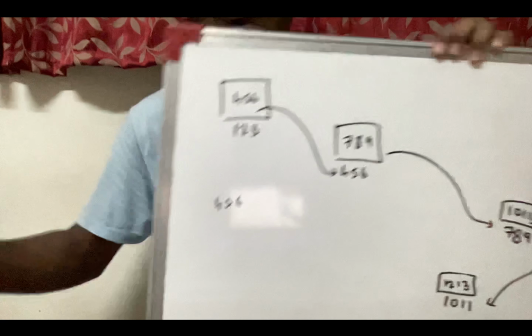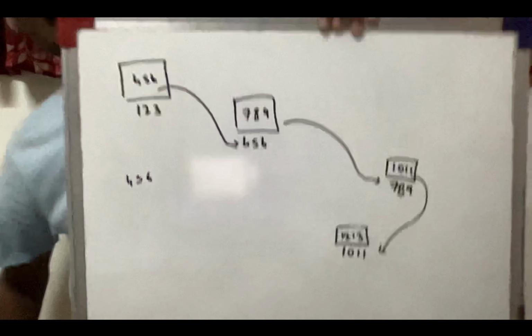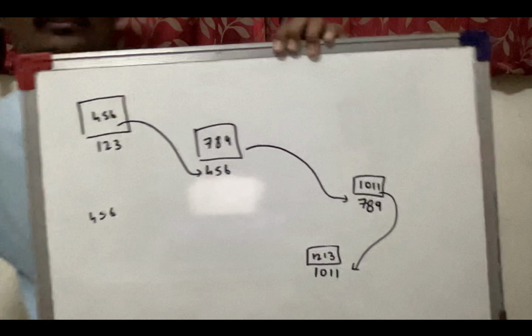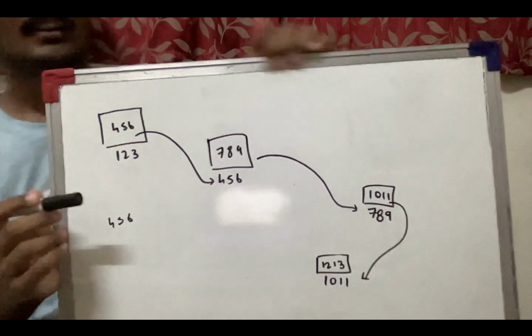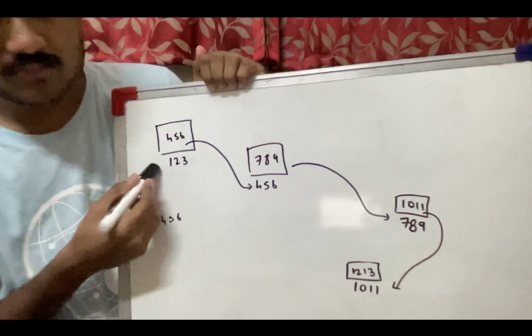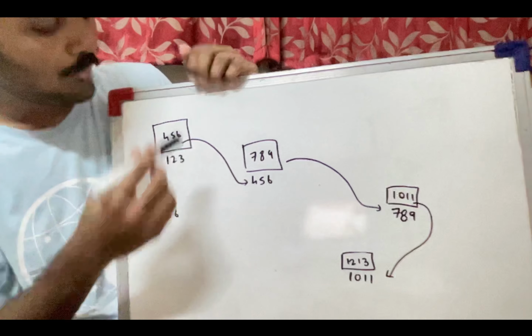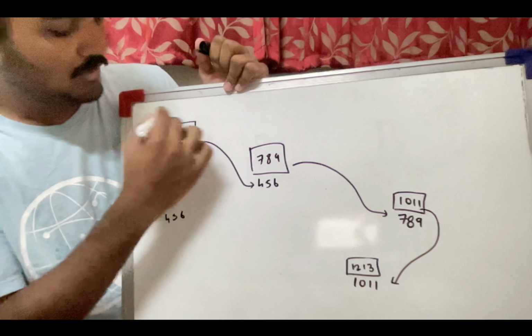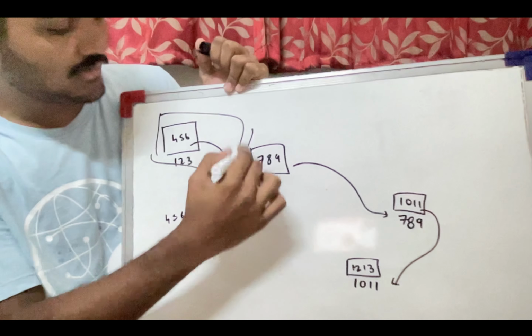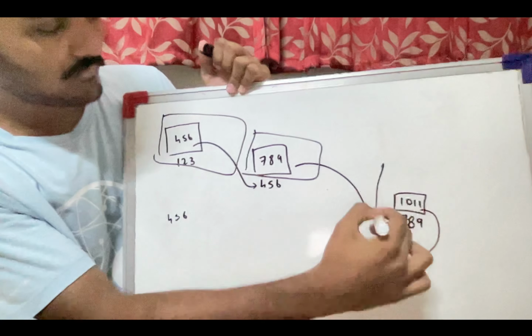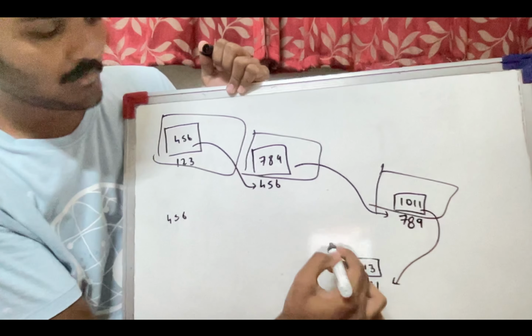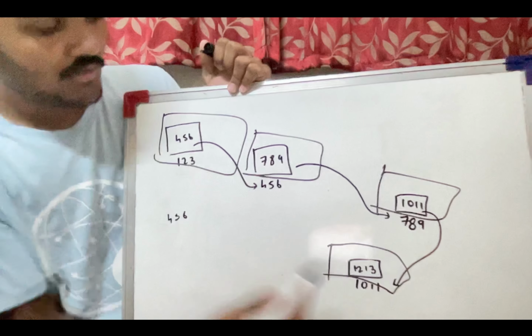Let's say if anybody doesn't know, a free list is a kind of linked list that has free blocks. These are the free blocks, and these are pointers that are present inside them.